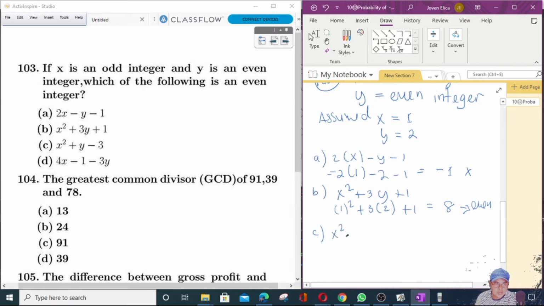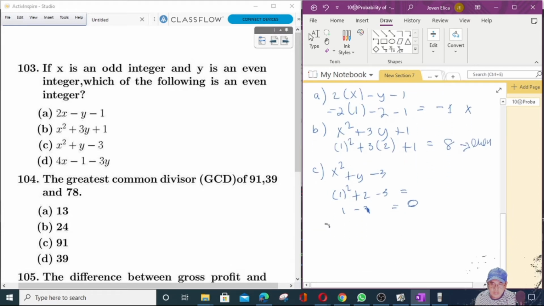So for letter C, x squared plus y minus 3. 1 squared plus 2 minus 3 is equal to 1 minus 3, which is negative 1 plus 2... 1 minus 1 plus... this is negative 1, 0. 0 is not even nor odd, so that is not the answer.